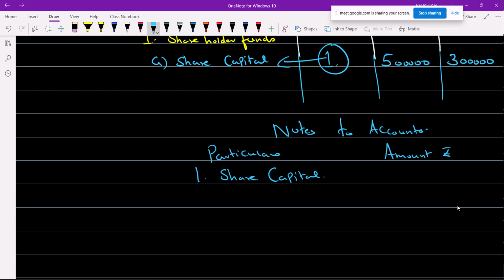So in this share capital you will mention the value of equity shares and the value of your preference shares.